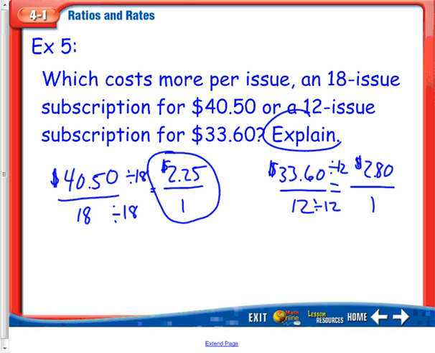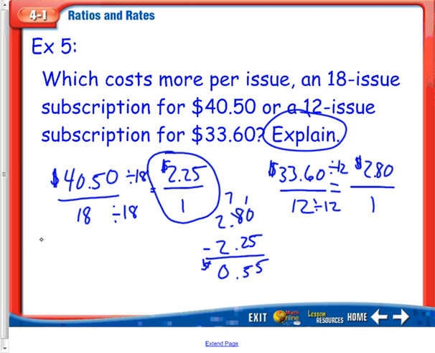So now it does say to explain. So kind of like the last problem, we'll find out why it's a better deal, and then we can explain it a little bit better in math terms. So we'll go ahead and regroup this. We get 5, 5, okay, and that's actually our answer right there.